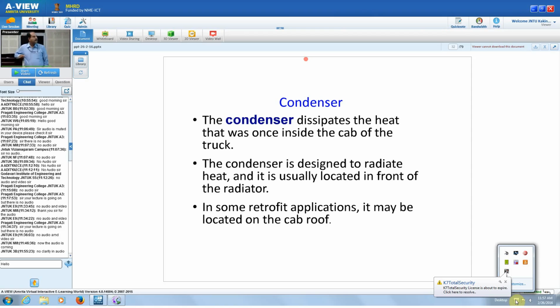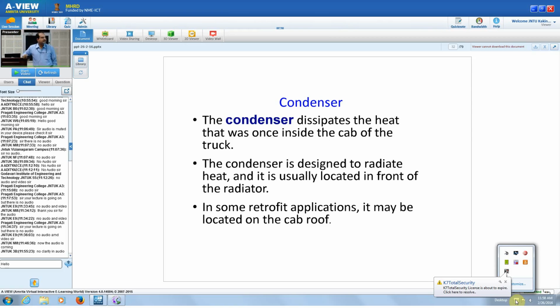Here, the condenser is designed to radiate heat and it's usually located in front of the radiator. Because we are talking about a truck here, it is in front of the radiator. In some refrigerator applications, it may be located on the cab roof also, where some air will be coming from the upside too.